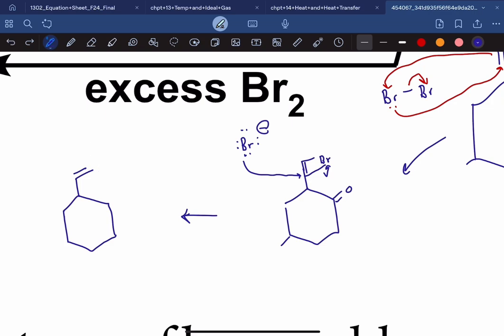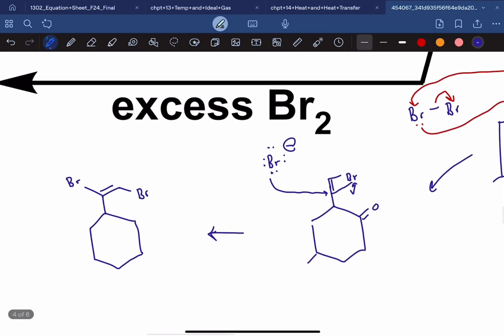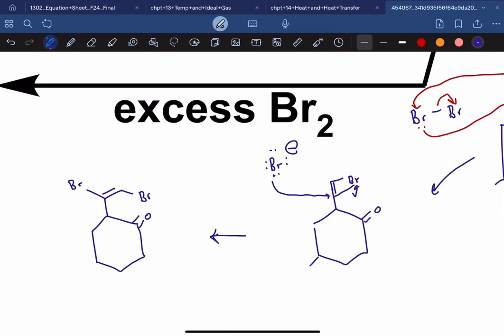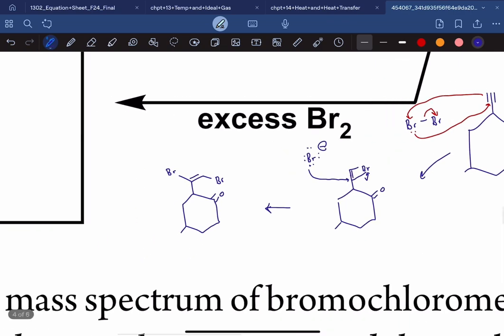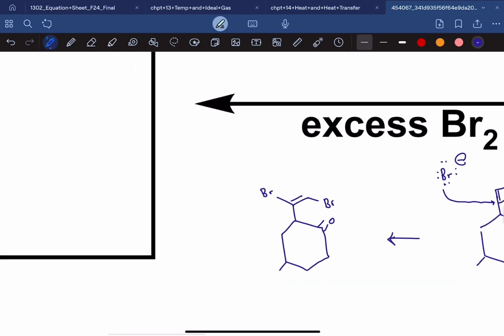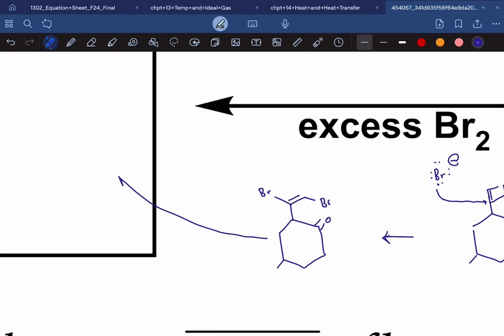And it's important to know that this is anti-addition. So this Br will be here, and this Br will be here. Okay, so that'll be the first step. Like, that'll be 1 Br2 addition. So if it said 1 Br2, it would be this. But since it's excess, right, you do the whole process again of making the triangle structure and whatnot, like this.